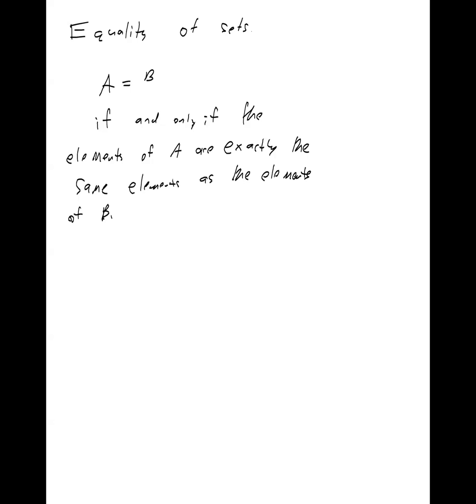For example, if I said {1, 2, 3} and {2, 1, 3}, those sets are equal to each other because they both have the elements 1, 2, and 3, even in a different order. This implies that the set structure in math does not remember the order of elements. It's a membership-only type of relationship.